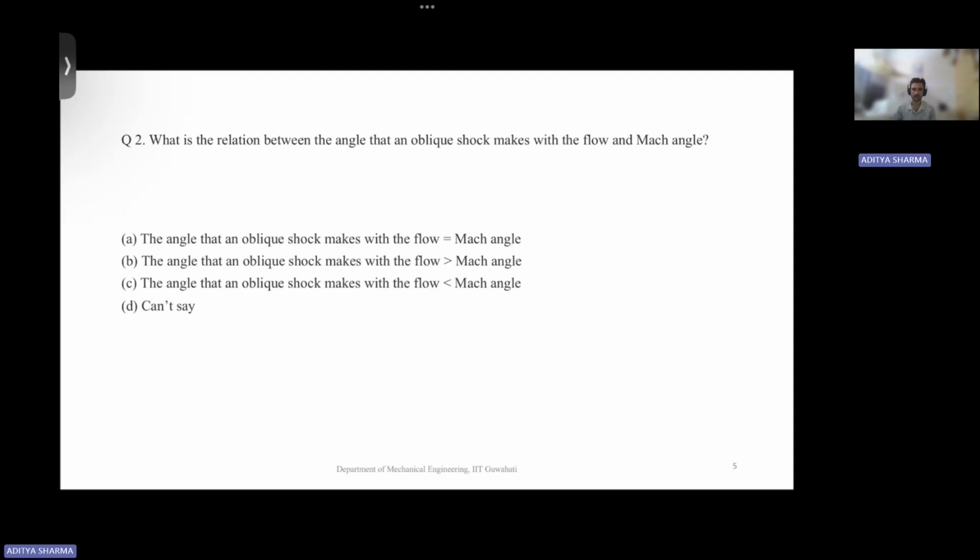Question number 2 here says that what is the relation between the angle that an oblique shock makes with the floor and Mach angle?